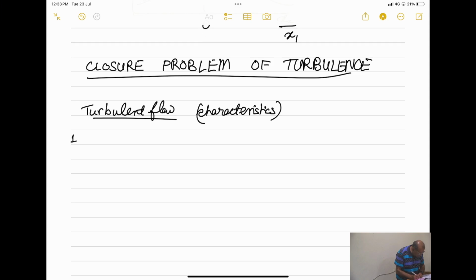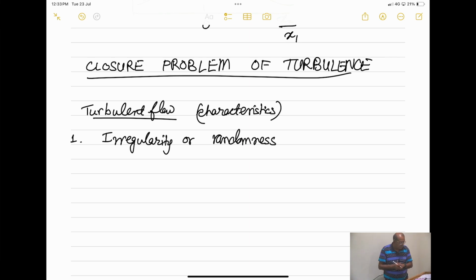So the first thing we find is, in any turbulent signal, whether it is a velocity or a temperature, wherever there is turbulence, if we look at the dependent variable and we plot it, we find it is irregular or there is an element of randomness.